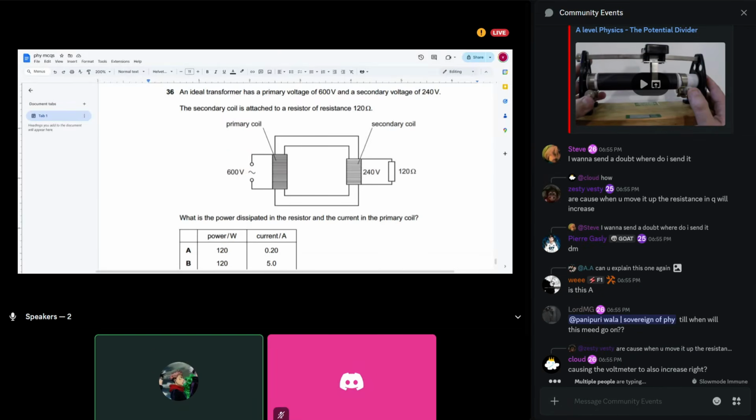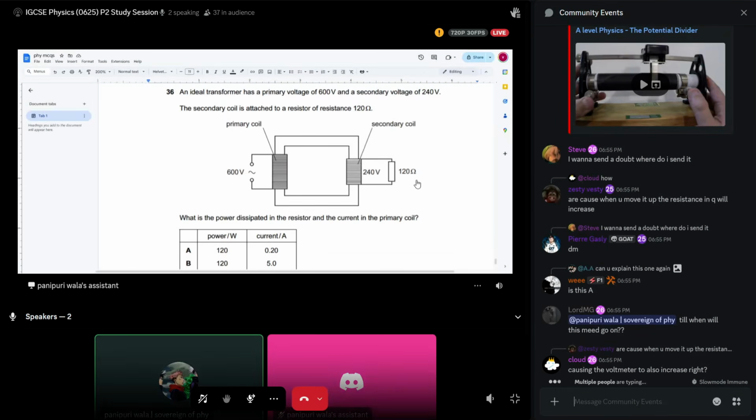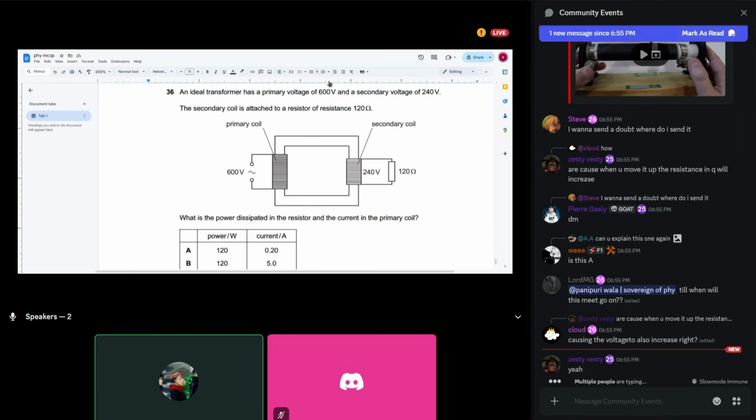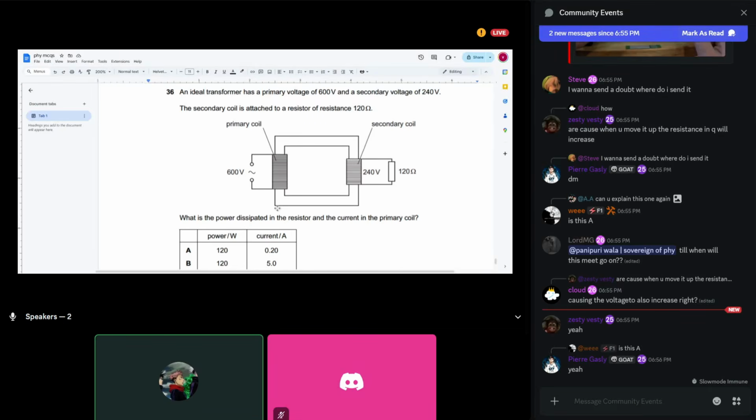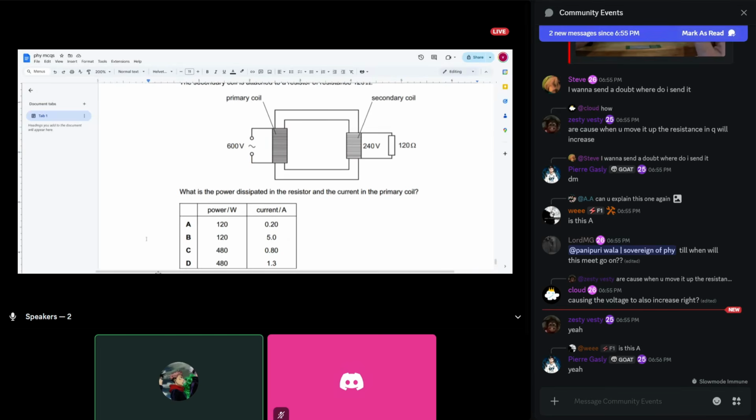Okay, so we have this. Power dissipated. Guys, look, for power dissipated we use I squared R. So we have to find the current in the second one. Also, guys, I will end this meet by 8 at a maximum.